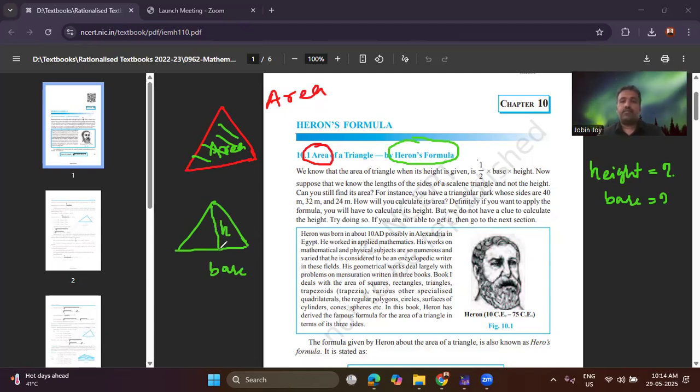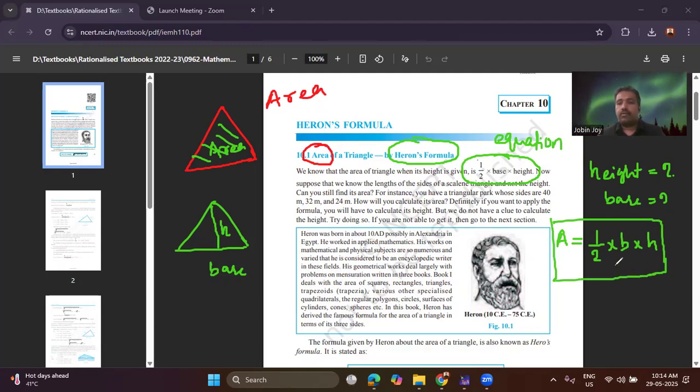If we know the base and height, we can easily calculate the area: area equals half into base into height. We already studied this equation. That means we know the base and height.